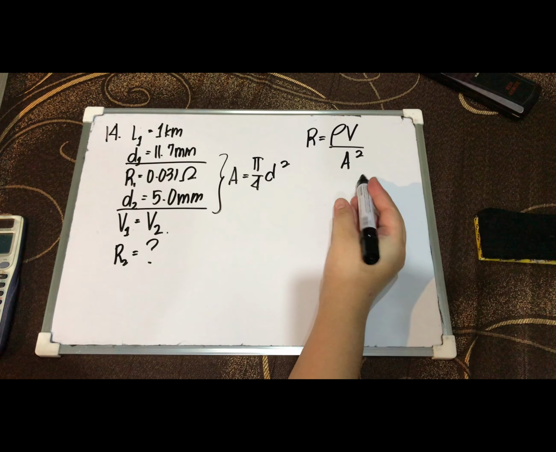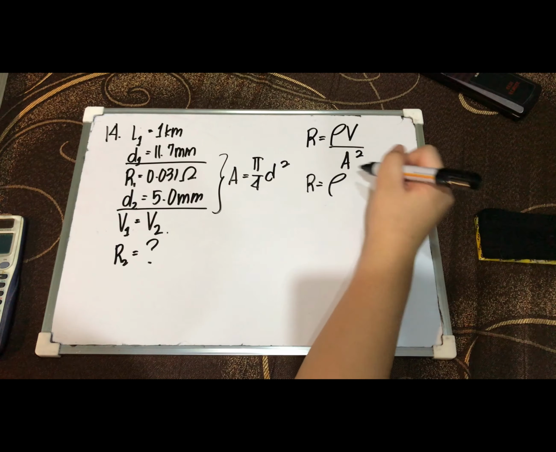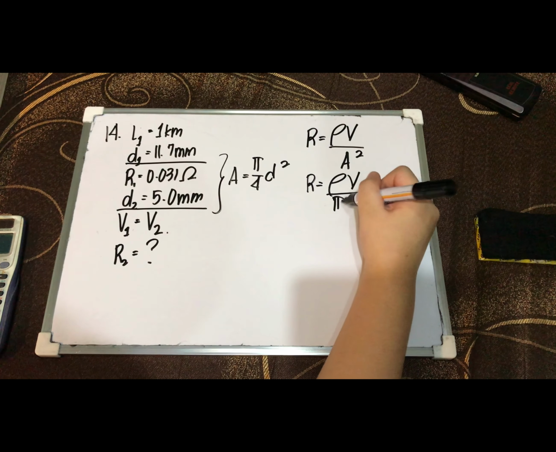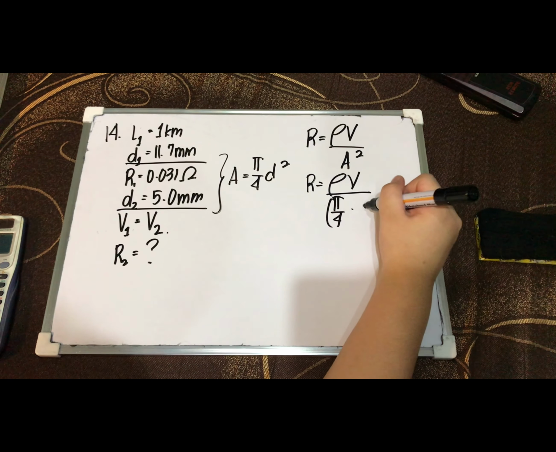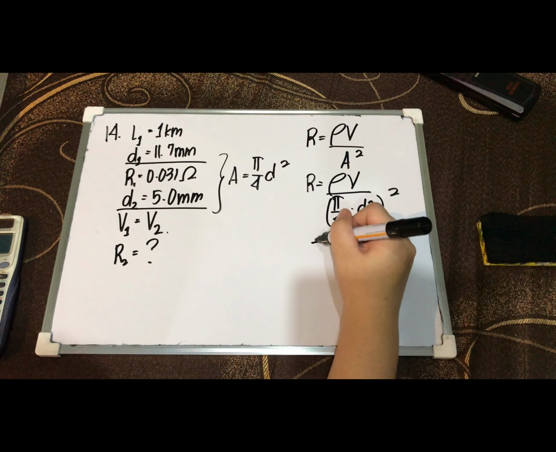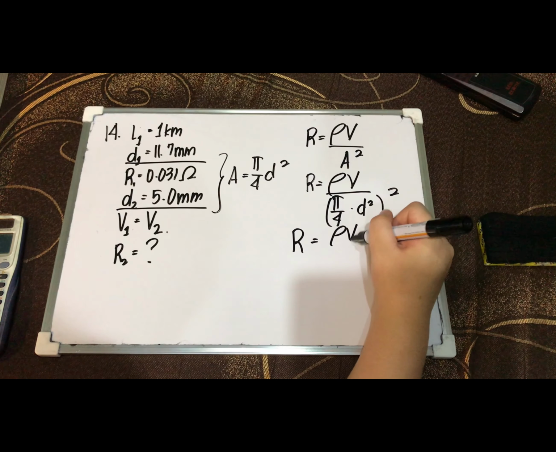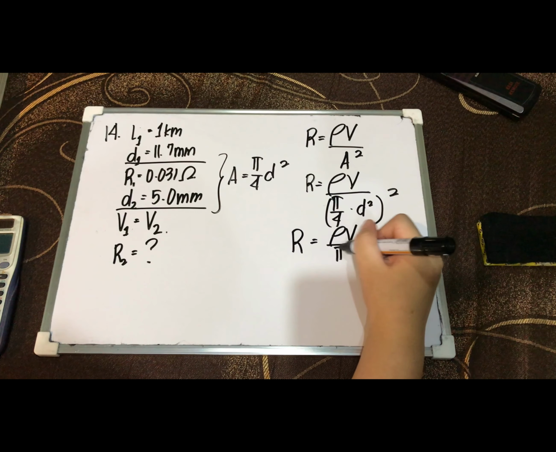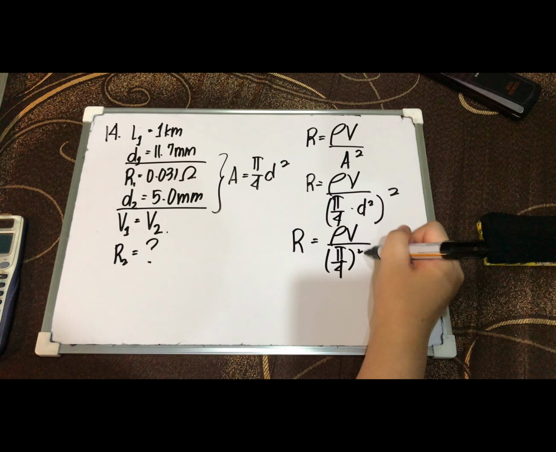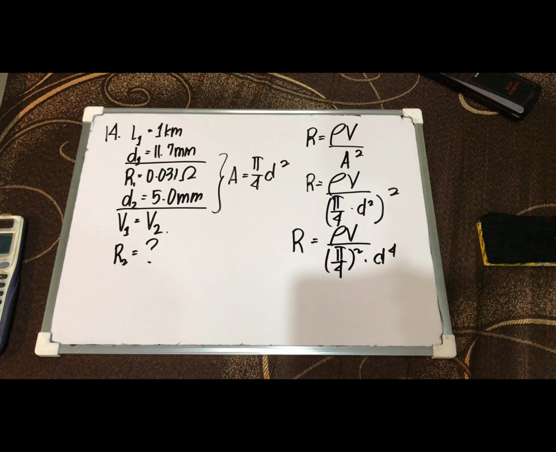So, pag isinubstitute natin kay A squared ito, R is equals to specific resistance times volume over pi over 4 D squared squared. So, makukuha natin na yung R ay specific resistance times volume over pi over 4 squared times D raised to 4.